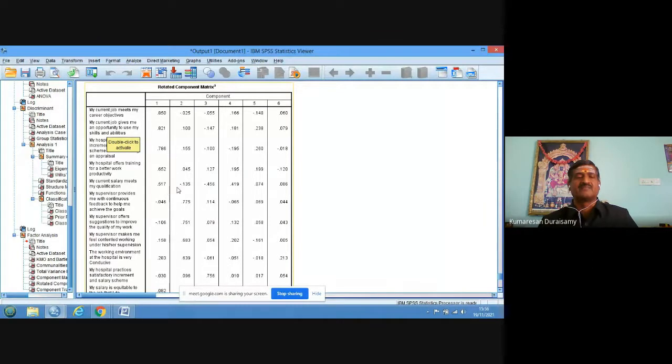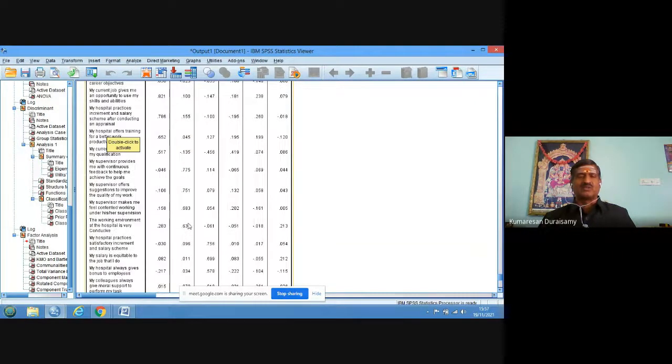Look at this. Then for the next factor, the component 1 value is minus 0.046, but it is greatest in the second component. So it is to be categorized in the second component. Next one also, next one, the third component has the highest value.